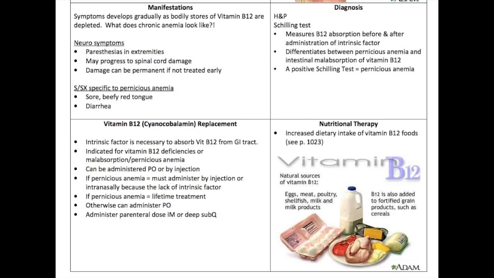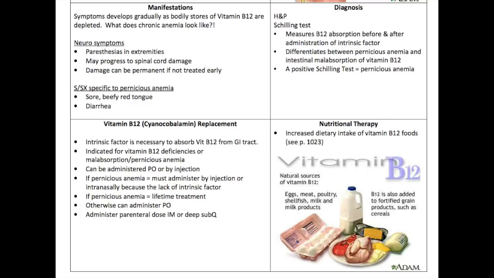One important thing to think about with vitamin B12 anemia is that with your signs and symptoms, if you have pernicious anemia, you're going to have that sore, beefy red tongue, and diarrhea. But then overall with B12 anemia, you have neurosymptoms.